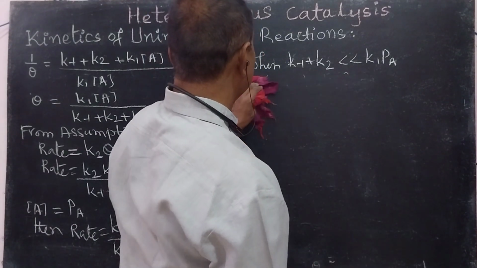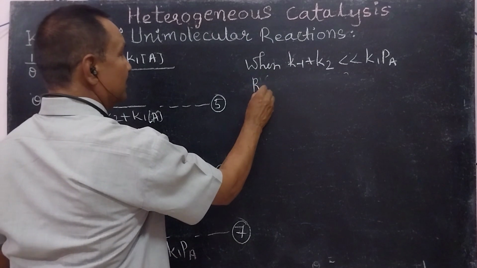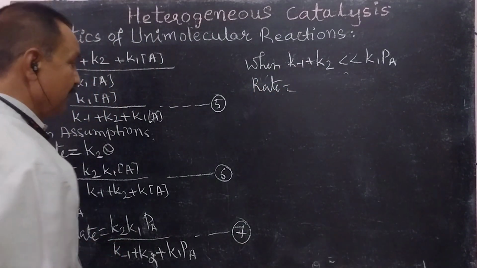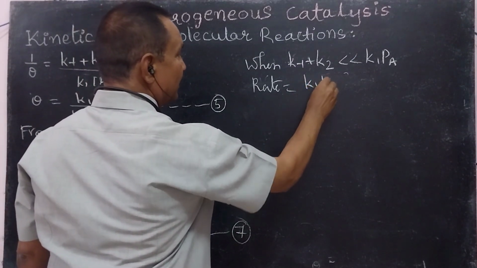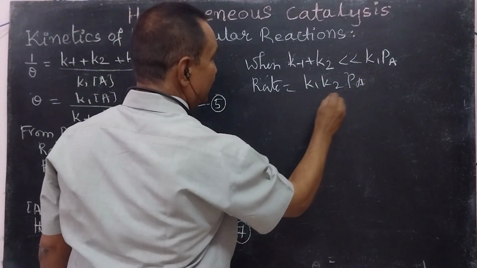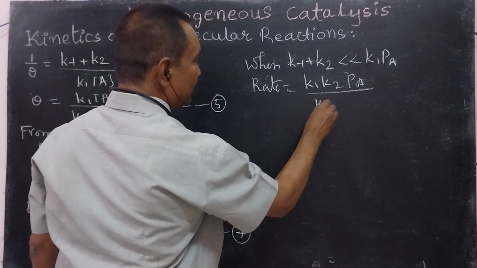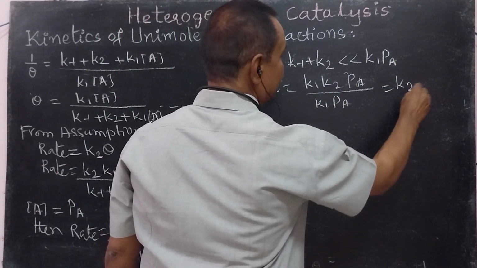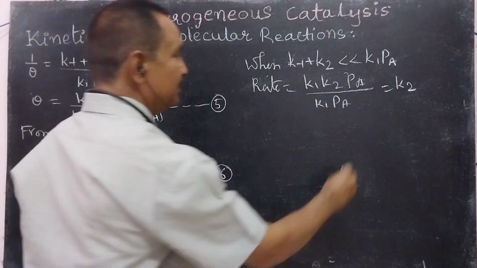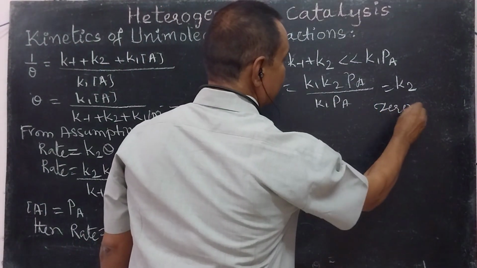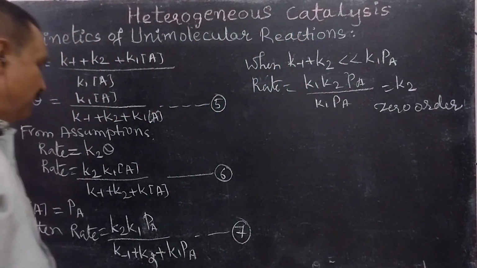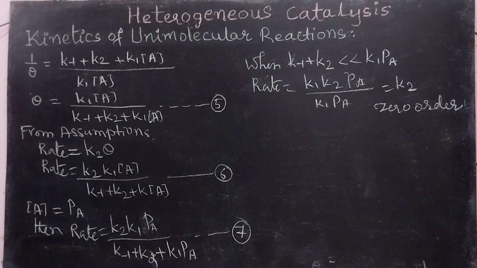Then rate equal to K2. This is nothing but K2, that is zero order reaction, which means when the pressure is very high.